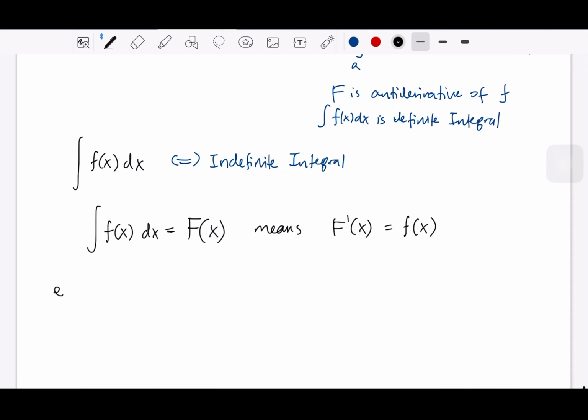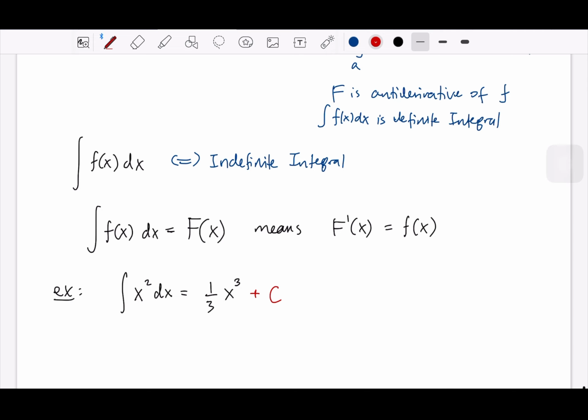But for example, to give you an illustration, if we just integrate x squared dx, we know that the antiderivative of x squared will be 1 over 3 x cubed. And don't forget that we always have something to add. Okay, it's a c, a constant.